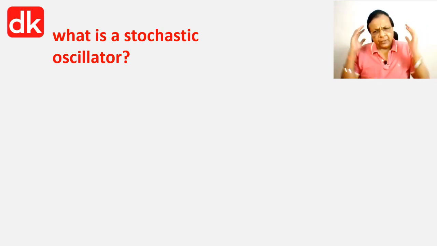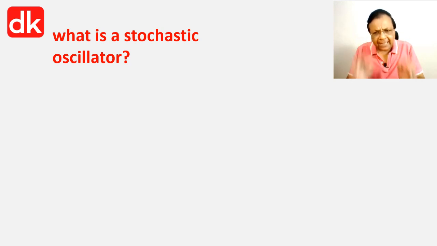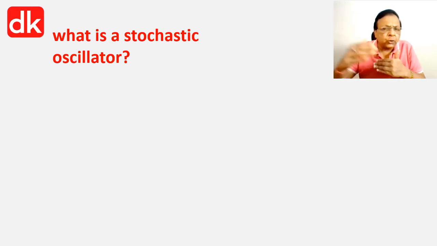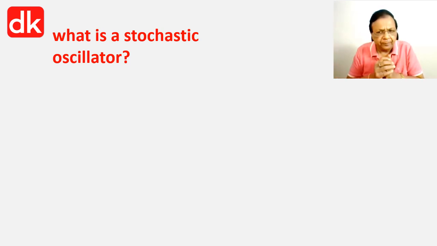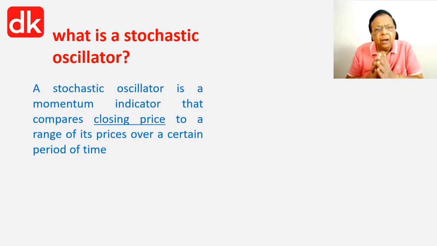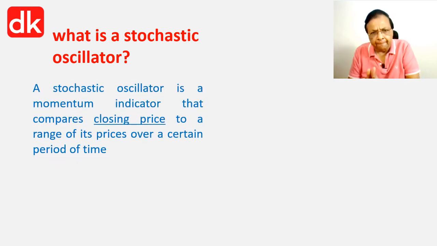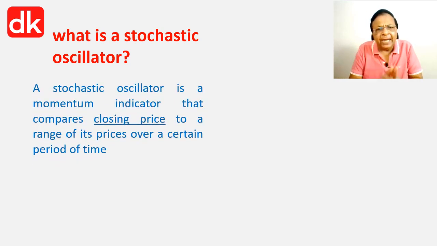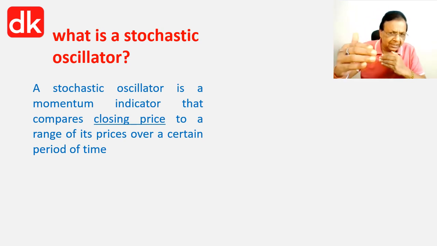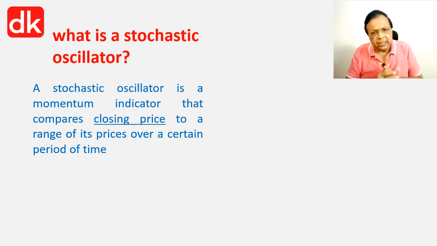So friends, let us first understand what is stochastic. Stochastic is an indicator and it is known as an oscillator because it oscillates within a certain range. Stochastic is a momentum indicator which compares the closing price to the range of its price over the selected period.